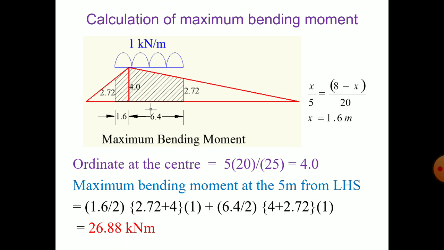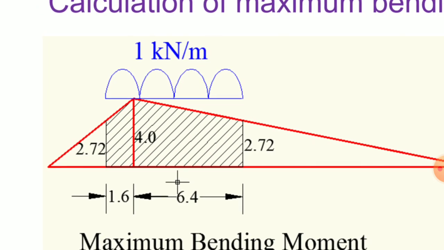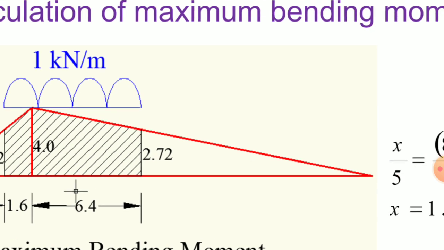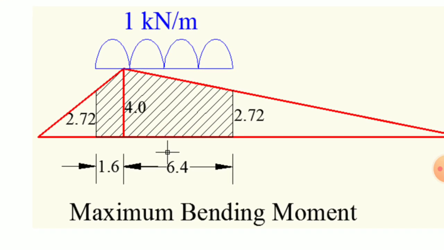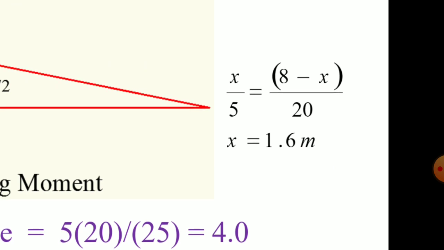Then the calculation of the maximum bending moment at the section. First you have to find the position of the load, how it should be placed for getting the maximum bending moment. So it can be placed like this. The portion of the load towards the left of the section, let us consider it as x, and the distance at the base is 5 meter, and the remaining part is 8 minus x, and the base is 20.